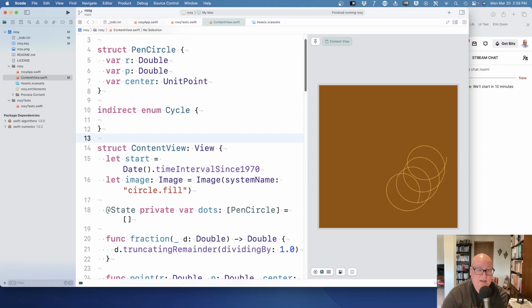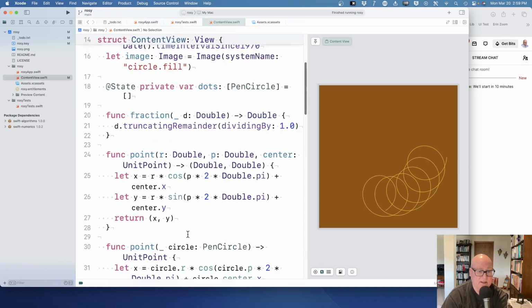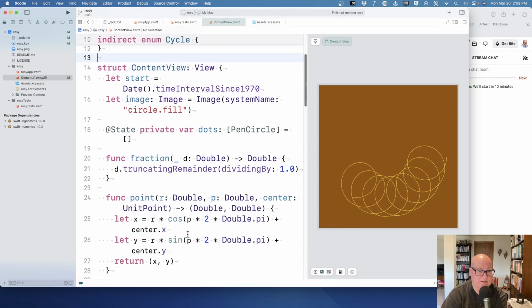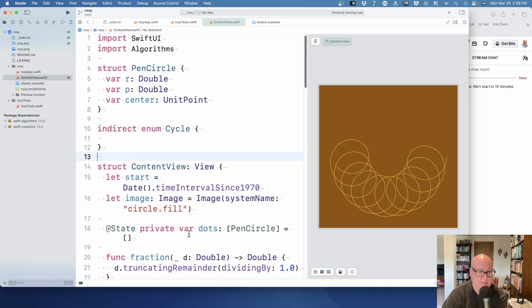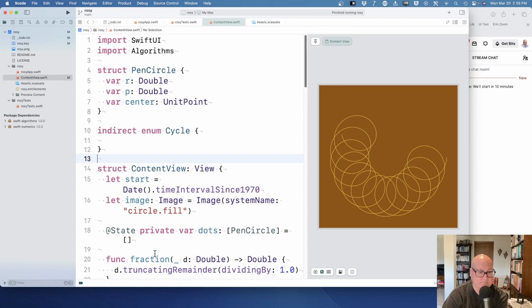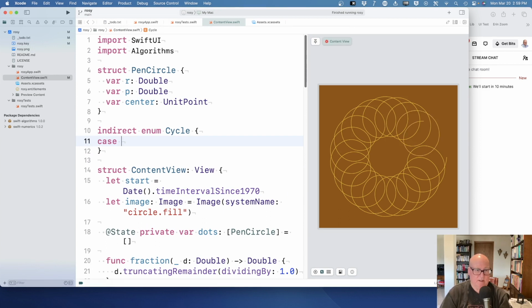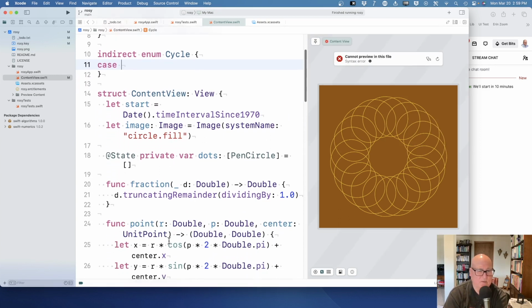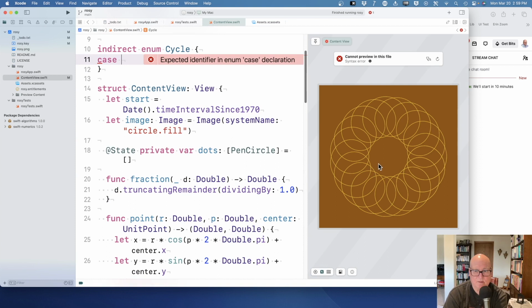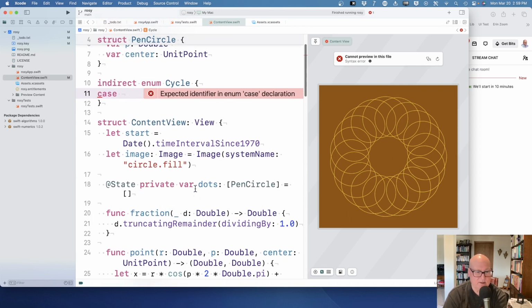And I think what we're saying is I've got, okay, so one case is like the innermost circle is just a dot at the unit point. Let's call it, I don't know, absolute center.